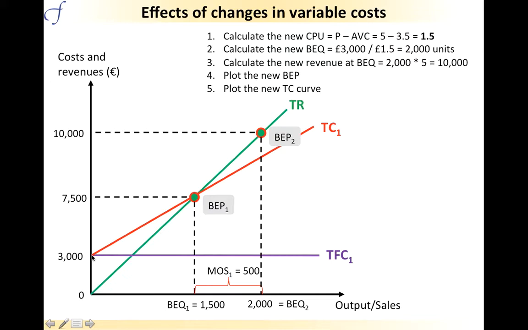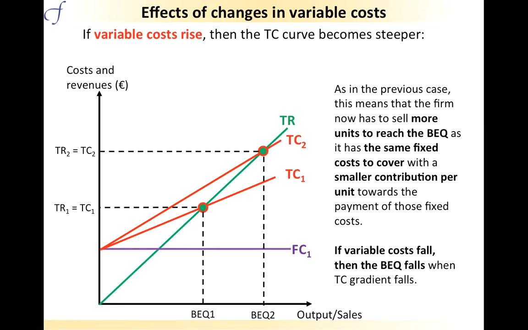Which means that the only way to draw the new total cost curve as crossing this point where total fixed cost is equal to 3,000 and the new break-even point is by changing the gradient. And that's our new total cost curve.